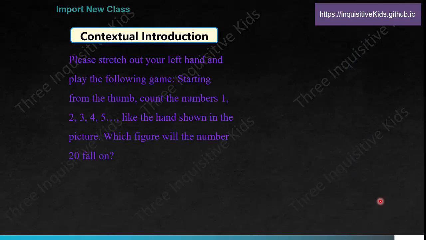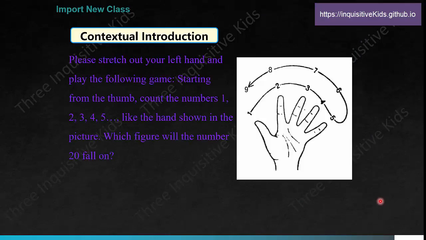So now we have the introduction to this class. First, stretch out your left hand, just like the hand in this picture, and do the following activity. Starting from the thumb, count the numbers 1, 2, 3, 4, 5, like the hand shown in this picture.